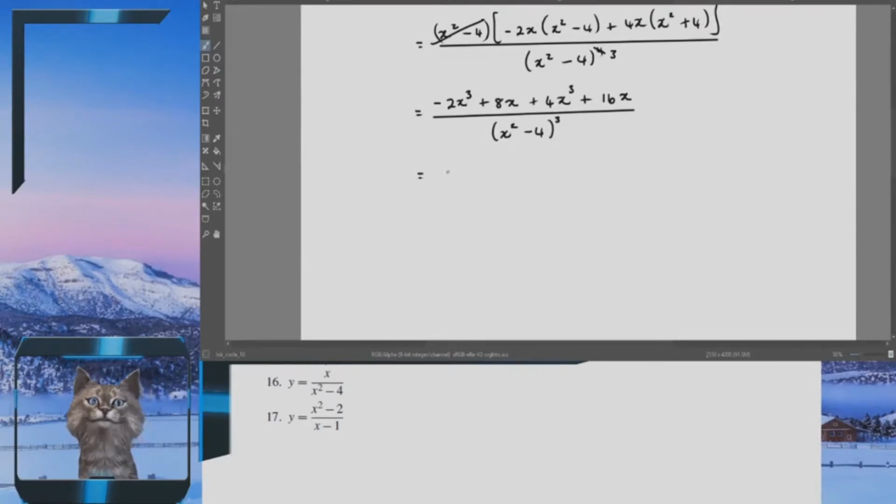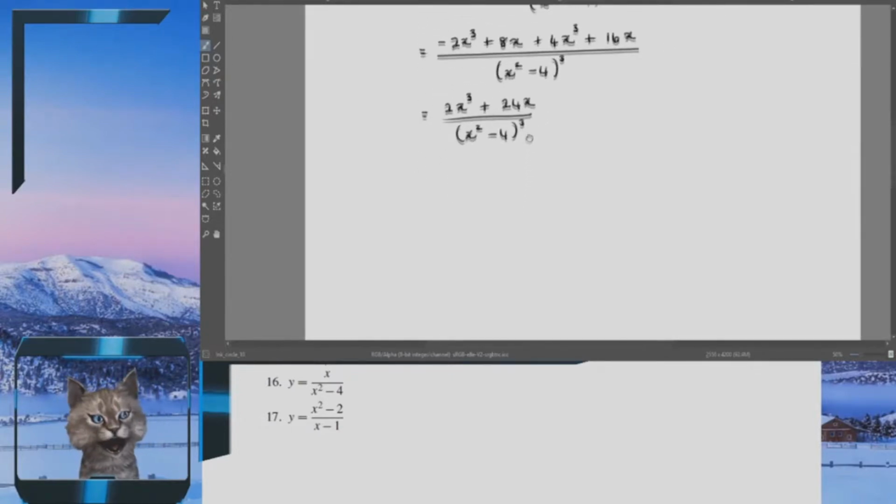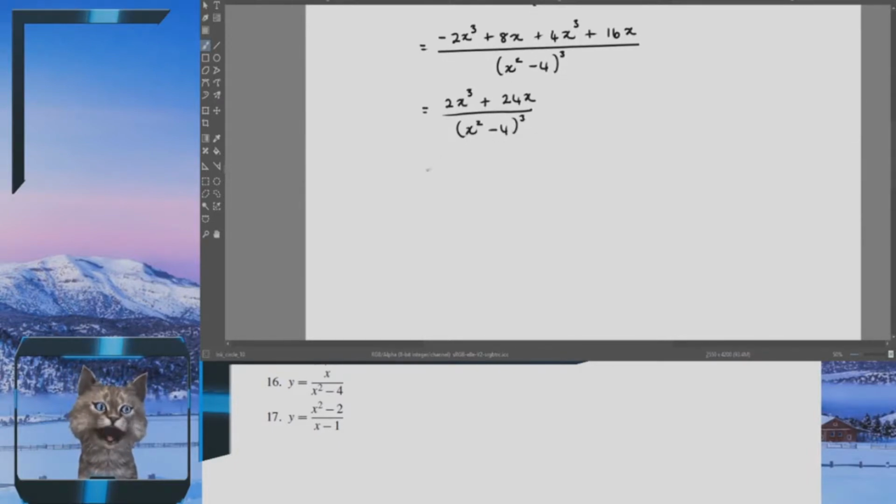Then I have 2x cubed terms, which I'll put together as 2x cubed, and these two together will be 24x. Same denominator. It's very easy to make a little mistake here. Please be very careful.